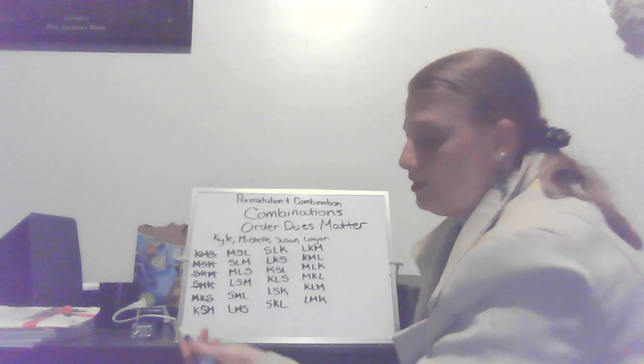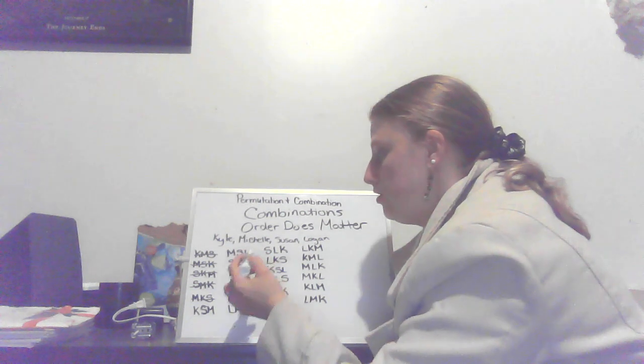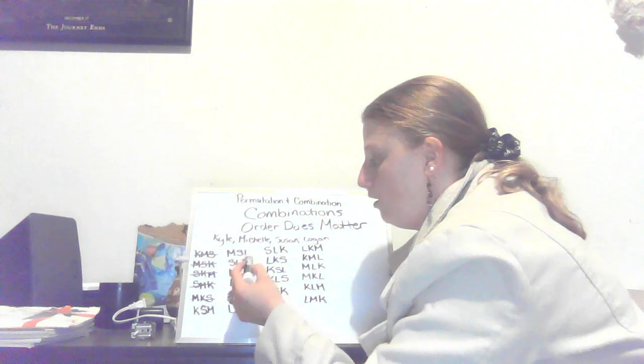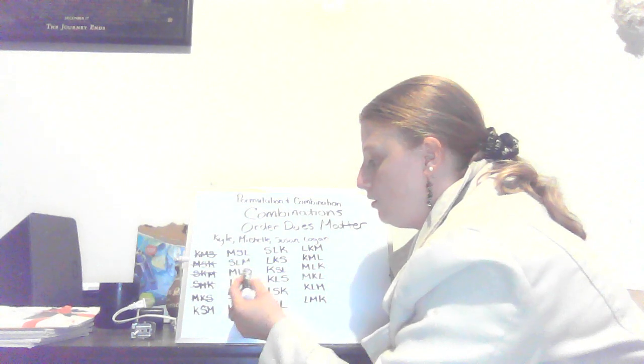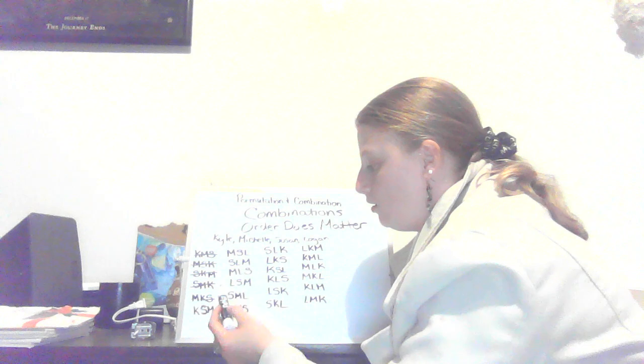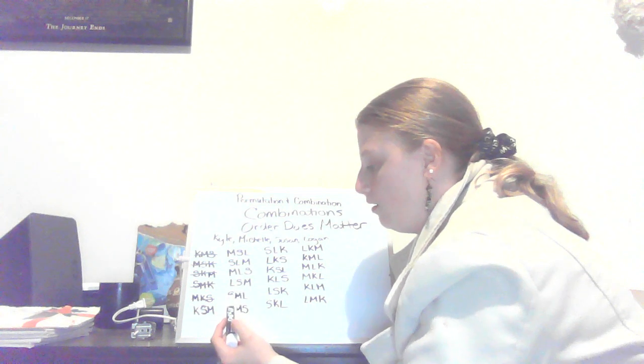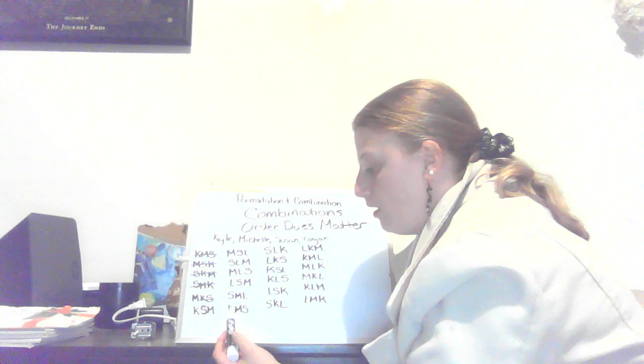Moving on to the next one, it's the same process. Looking at Michelle, Susan, Logan; Logan, Michelle, Susan; Logan, Susan, Michelle; and Logan, Michelle, Susan. Let's say we go with Logan, Susan, Michelle. If we choose this one, we have to mark all the other ones out because in combinations, those are considered the same.